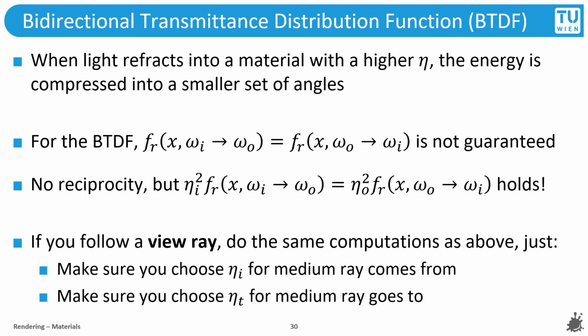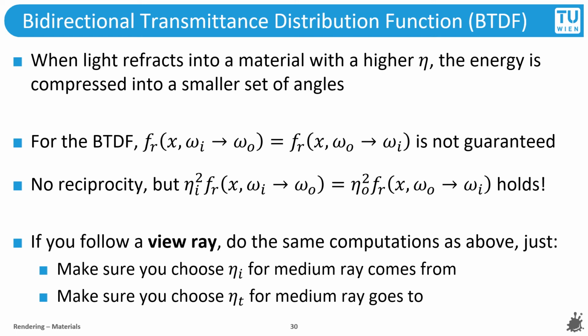As a consequence, the BTDF does not guarantee the Helmholtz reciprocity. But what it does guarantee is a variation of it that factors in the compression or expansion of light along bent light rays, depending on the refractive indices of the materials involved.